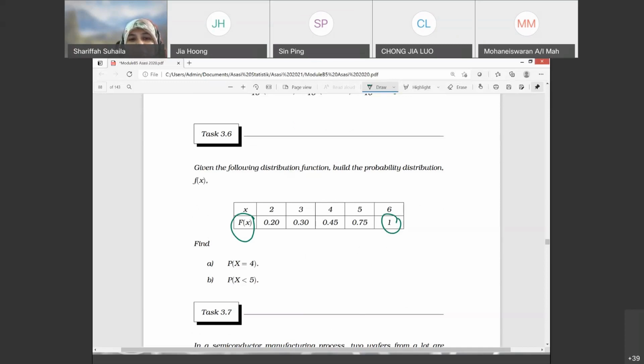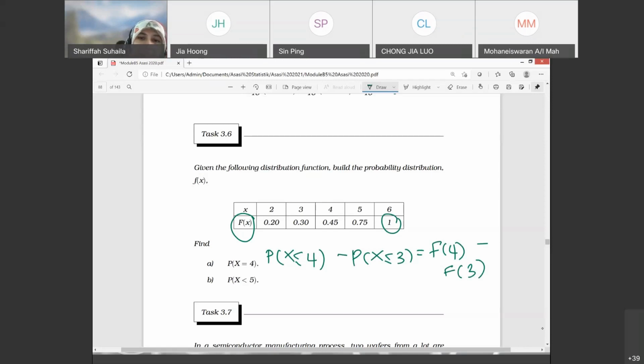If you want to find probability x equals 4, that means you will have probability x less than or equal to 4 minus probability x less than or equal to 3, which is capital F4 minus F3. Why?